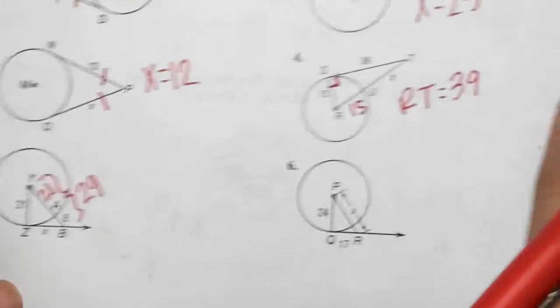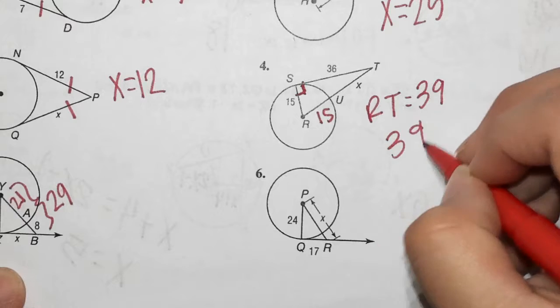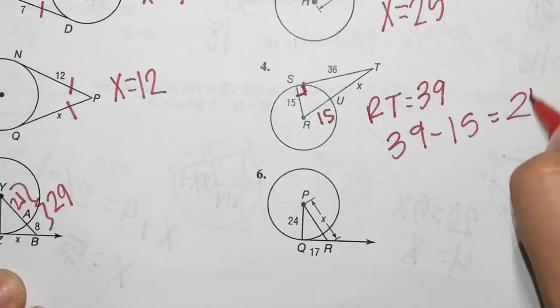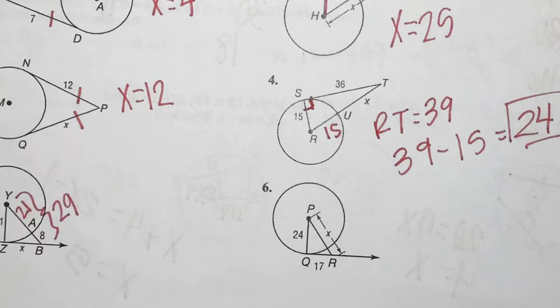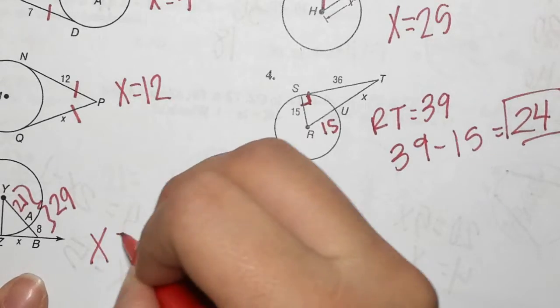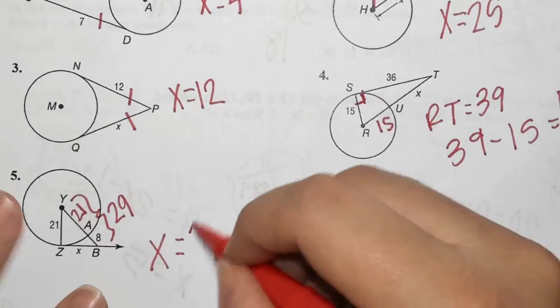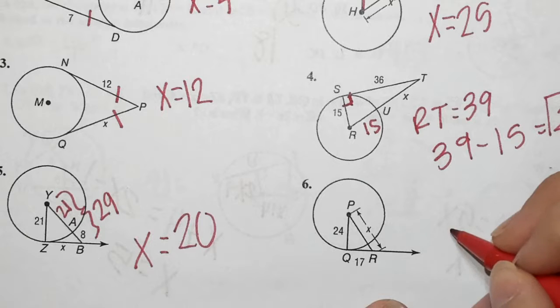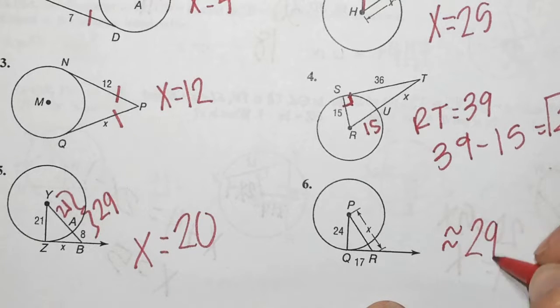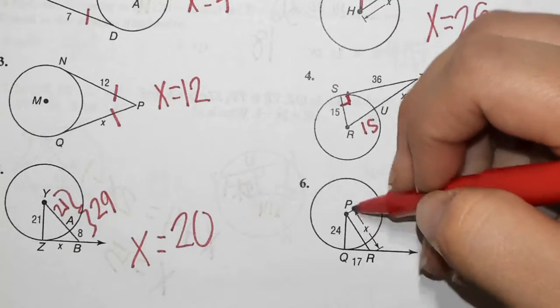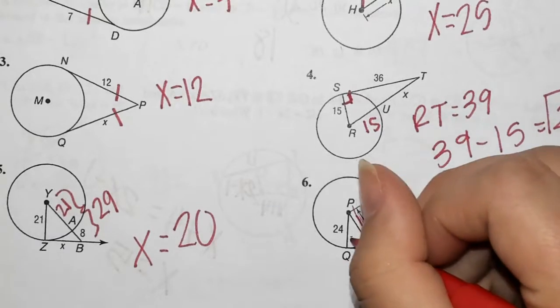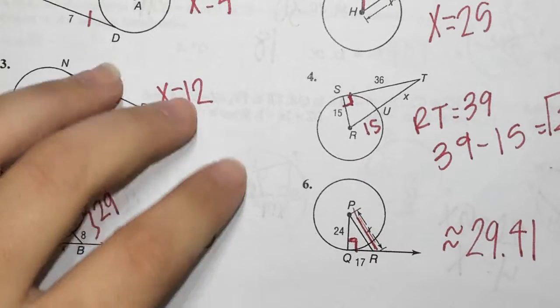So to find U to T, you had to do 39 minus 15, which gave you 24. What was 5? 20. And 6 rounded to be 29.41. You found that by finding your hypotenuse, because they are perpendicular.